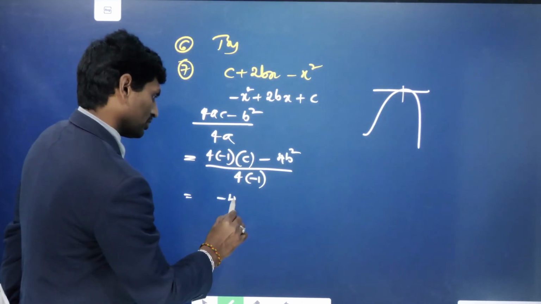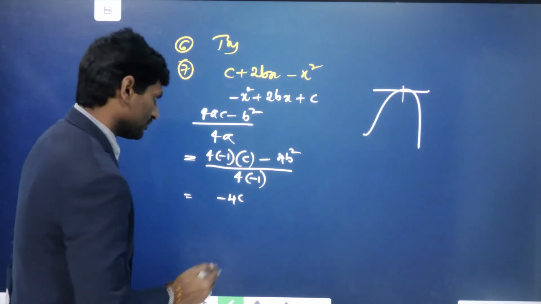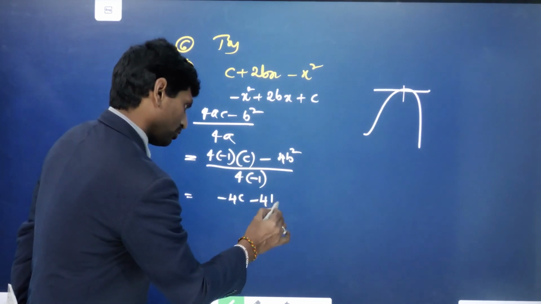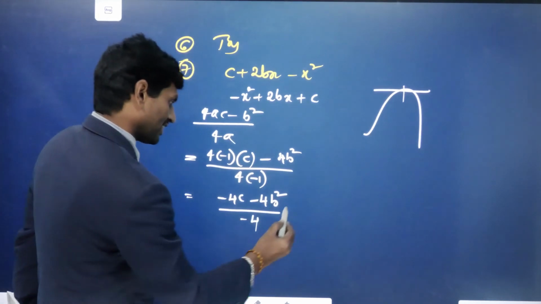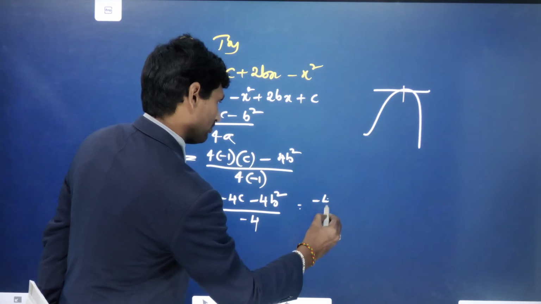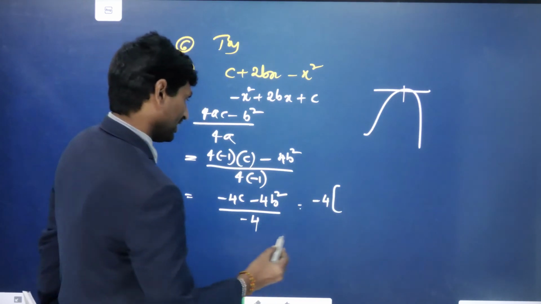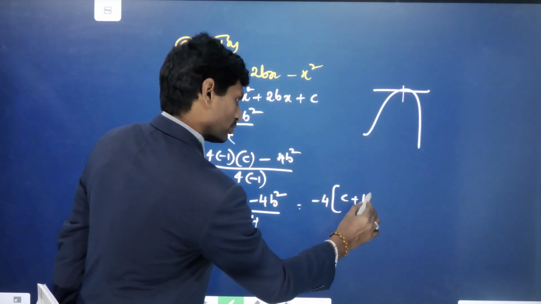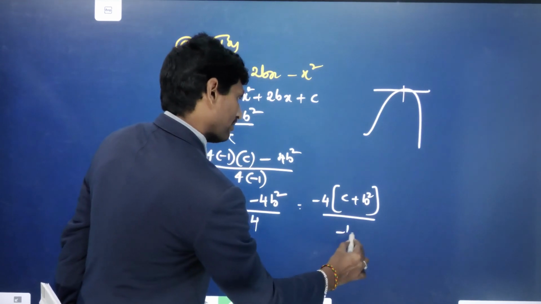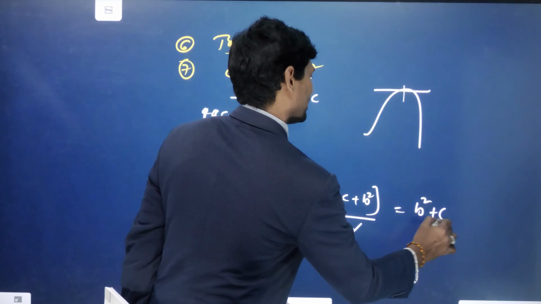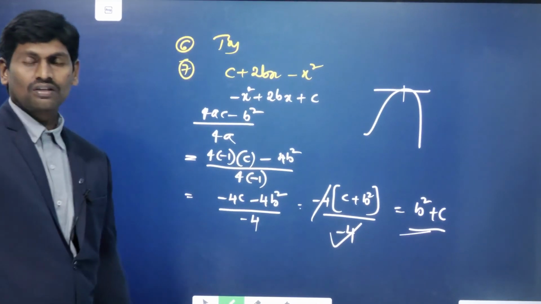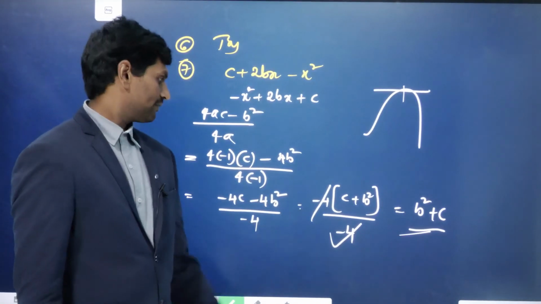Here minus 4c minus 4b square over minus 4. Taking minus 4 as a common term, what remains is c plus b square divided by minus 4. Minus 4 cancels, and you will have the answer b square plus c. Check.